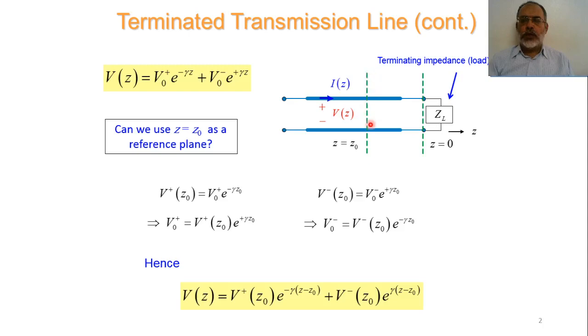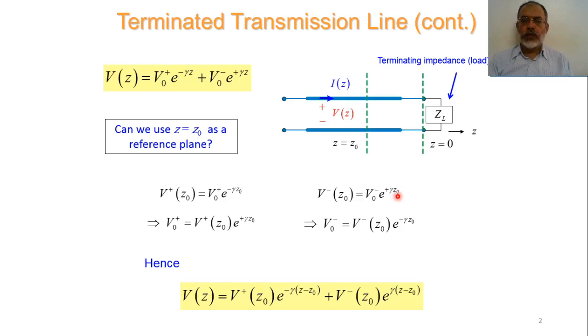If we want to find the voltage at any point of such a terminated transmission line, assume the voltage at z equals z naught. The voltage due to the forward propagating function would be V naught plus e to the power minus gamma z naught, and the voltage due to the backward propagating function would be V naught minus e to the power gamma z naught.